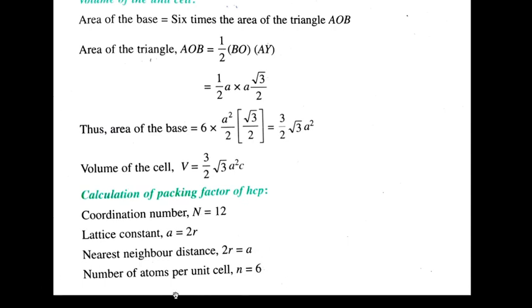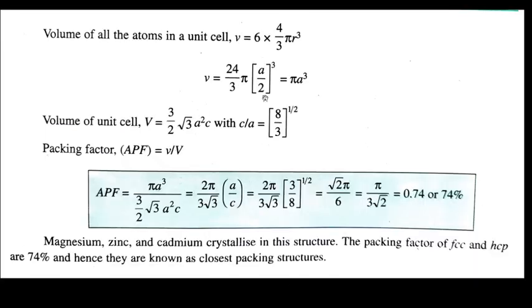So, the number of atoms per unit cell is 6, and therefore 6 atoms multiplied by 4 pi by 3 pi r cube will be the atomic volume of the unit cell. The volume of the hexagonal unit cell is 3 by 2 root 3 a square c.